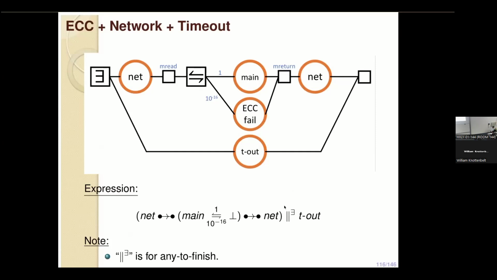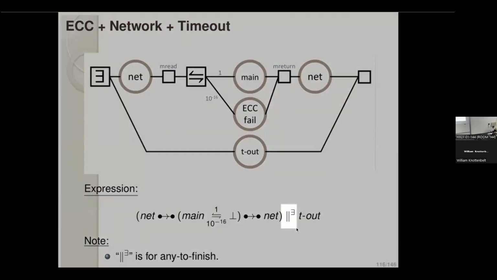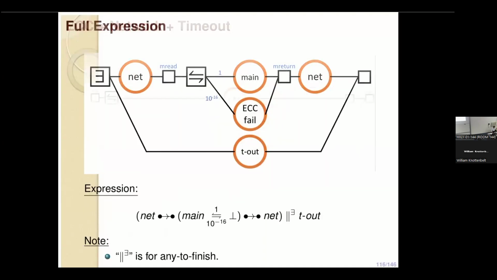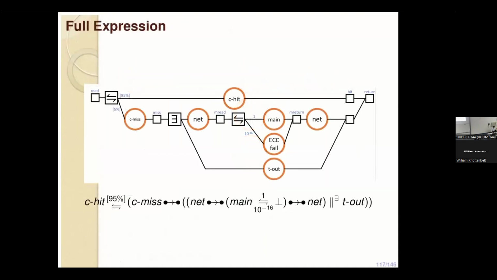The new operator in the algebra is this, for any to finish or first to finish. And the full picture gets this larger expression, which has nothing new in it. I'm not going to delve into more details at this point.